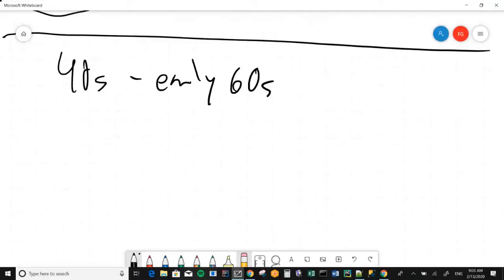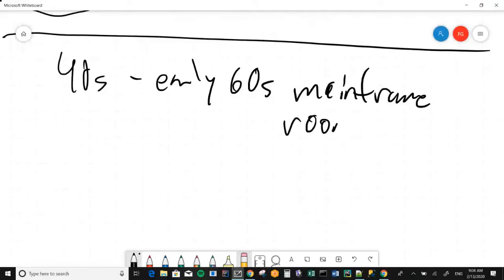Okay. So that was from the 40s through the start of the 60s. Okay. So 40s to early 60s, these mainframe, room filling CPU.